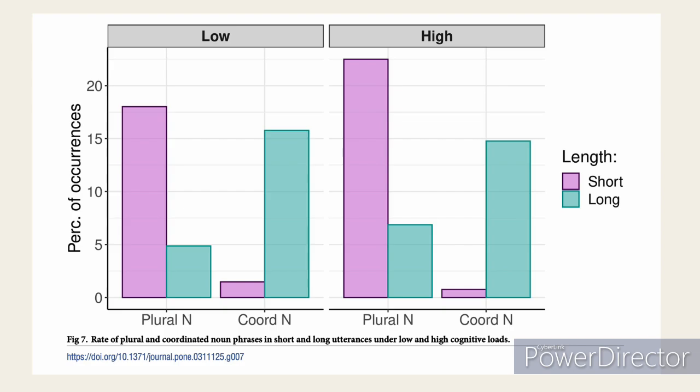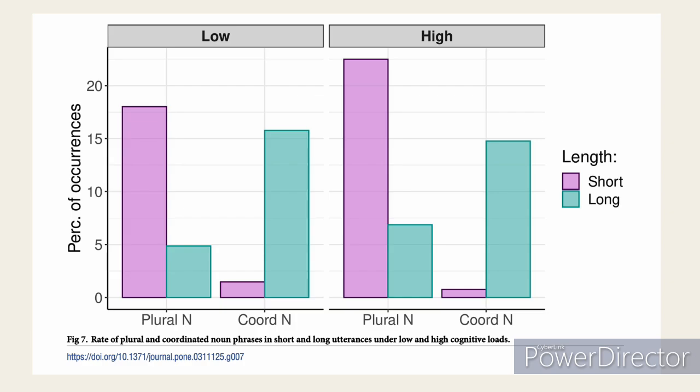The horizontal axis is divided into short sentences and long sentences, and the vertical axis is the percentage of occurrence of these two structures. Scholars distinguish between low load, no memory task, and high load, single words to be memorized, experimental conditions.